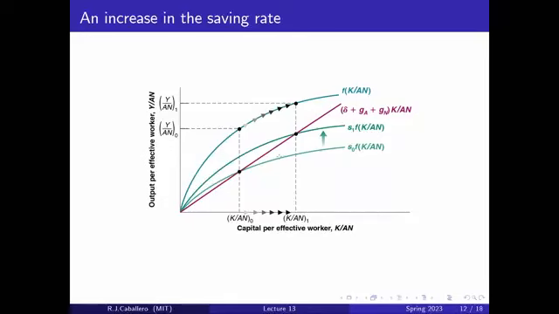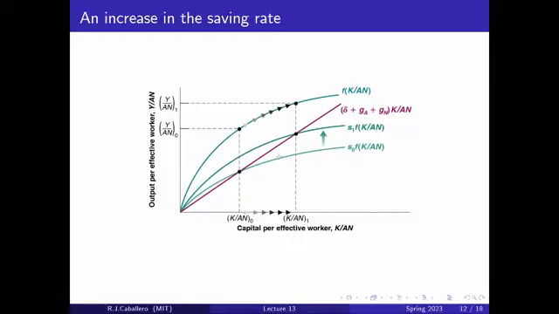It means that at the initial steady state, now we have more saving and therefore more investment than we need to maintain the stock of capital per effective worker constant, which means that we're going to get transitional growth. Capital per effective worker will start growing for a while. And as that happens, output per effective worker will also start growing.